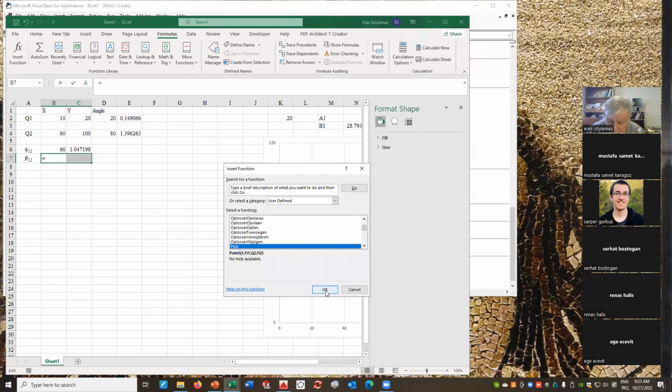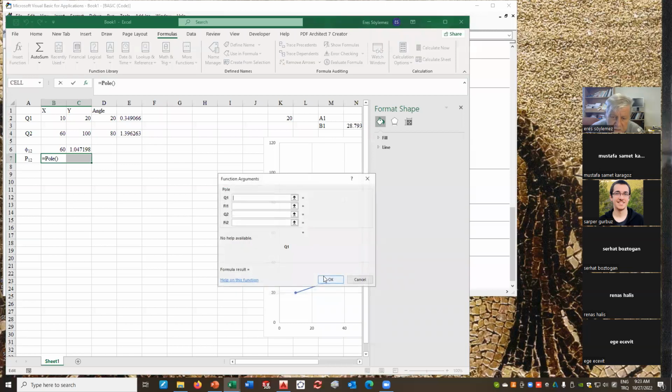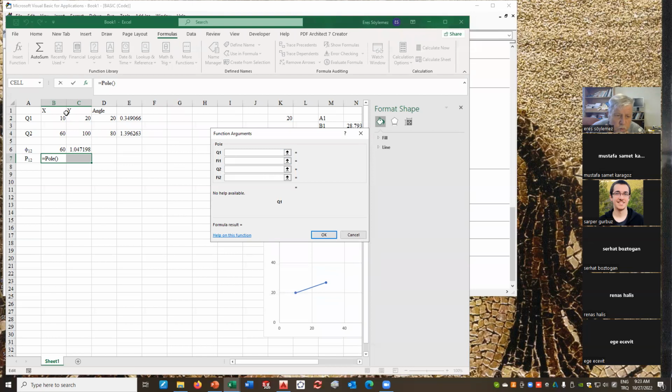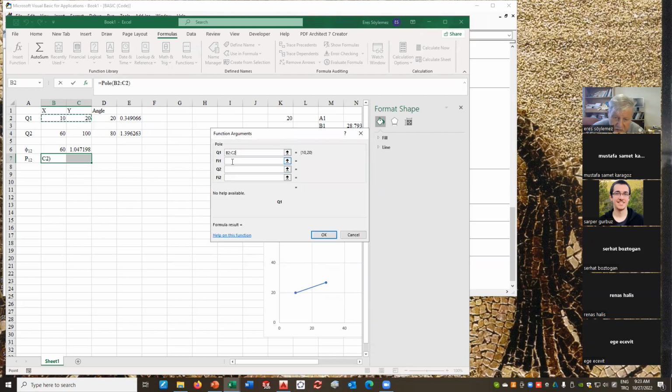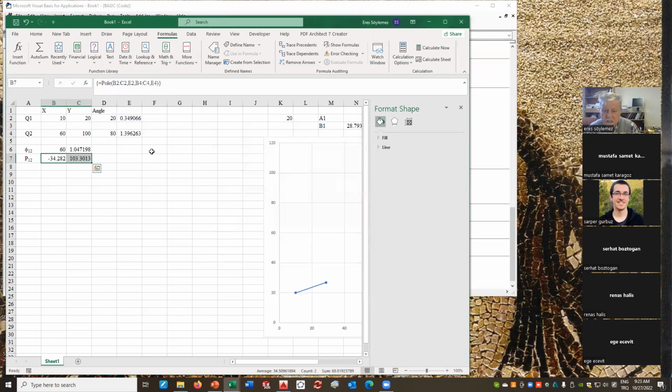Notice you have pole. Unfortunately, there is no help available for these cases. For Q1, mark these 2 cells. It's a vector. For phi 1, it has to be in radians. For Q2, mark these 2 cells. Phi 2, it has to be in radians. Okay? That's it. Control Shift, Enter.